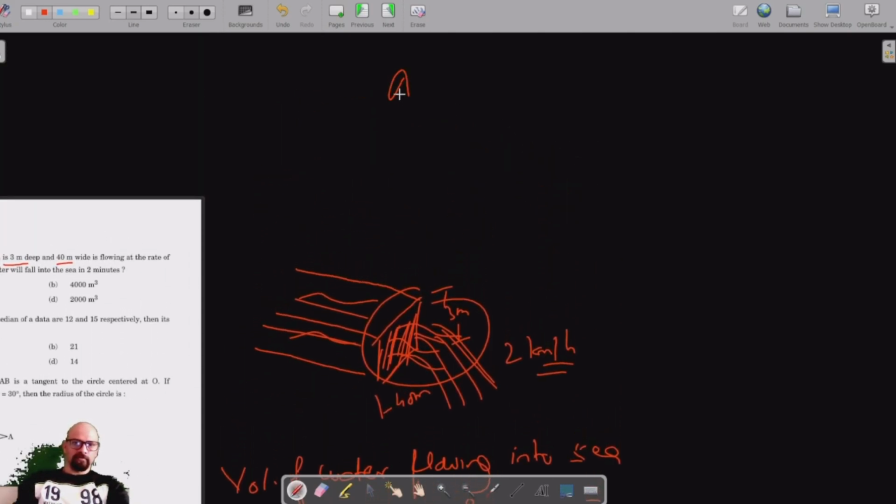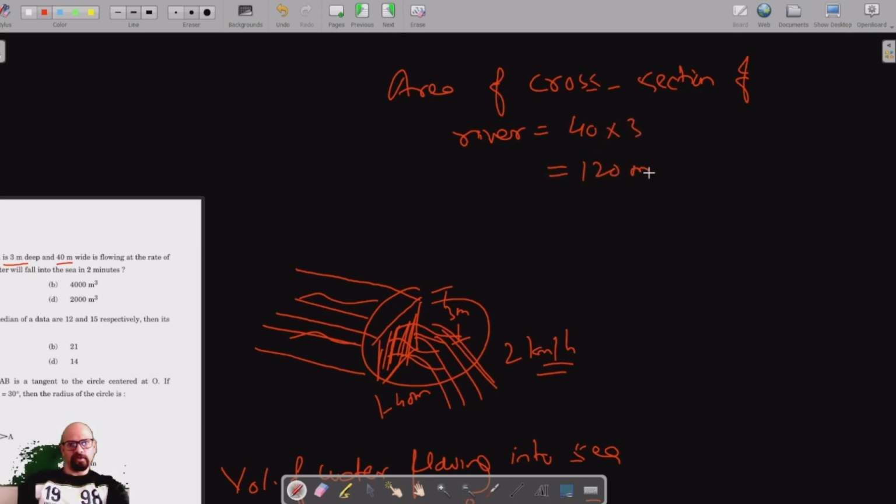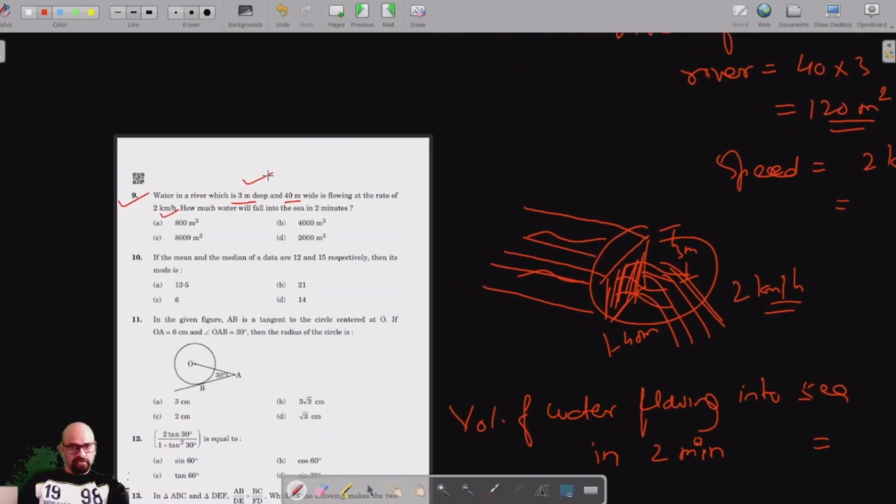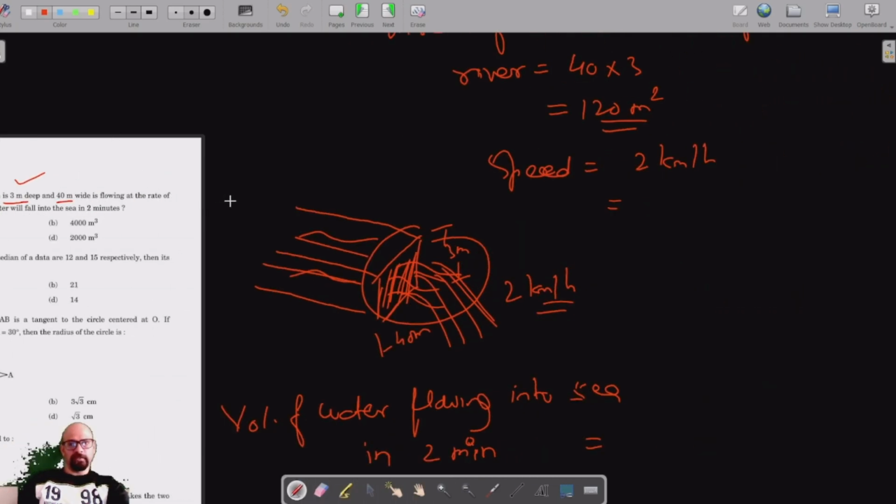So the area of cross section of the river is length into breadth, which is 40 into 3, equal to 120 meter square. Now speed is equal to 2 km per hour, but we have the units in meters, so we will convert this into meter per minute.